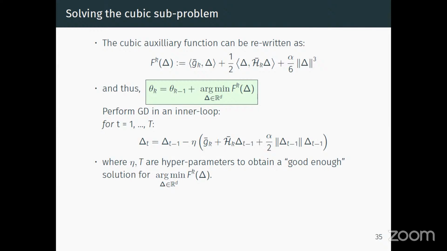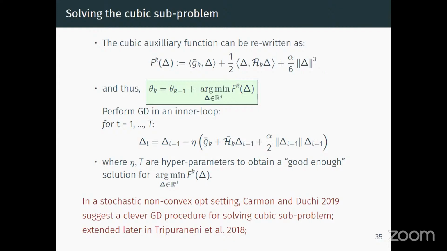But the point is, will this still ensure convergence to SOSP? That's something which is tricky. If I just say that I'll run for 100 steps, 1,000 steps, whatever number you like, there's no guarantee. So you need to be clever. And that is outsourced to Carmon and Duchi, people that Michael Jordan was also there.